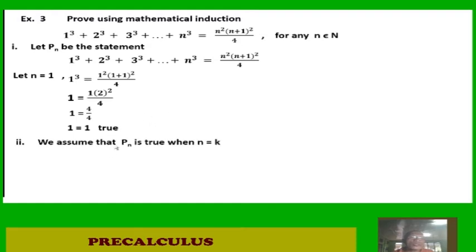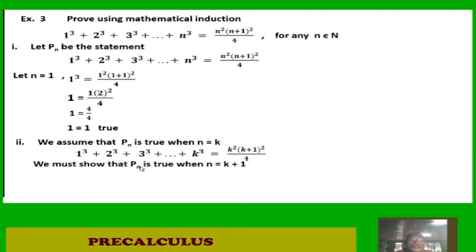Then we assume that P of n is true when n equals k. So we replace n with k. Here n is replaced with k. Then we must show that P of n is true when n is replaced further with k plus 1.